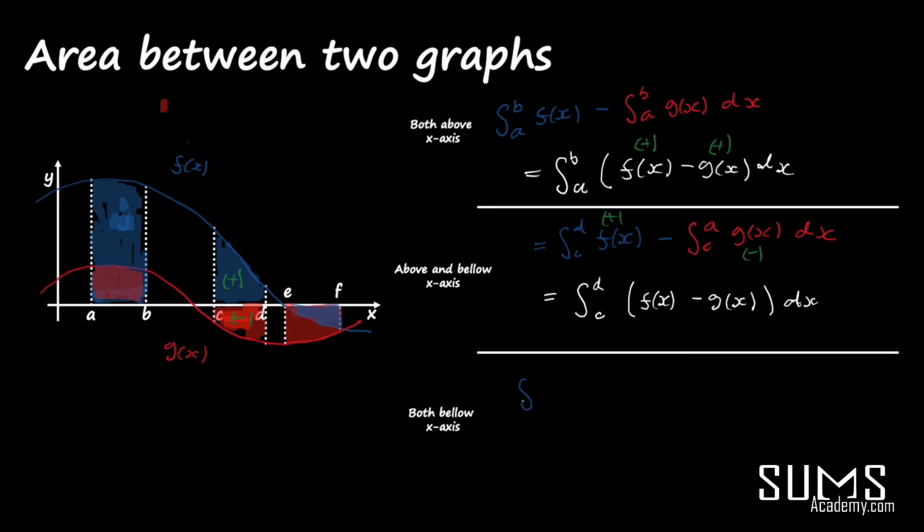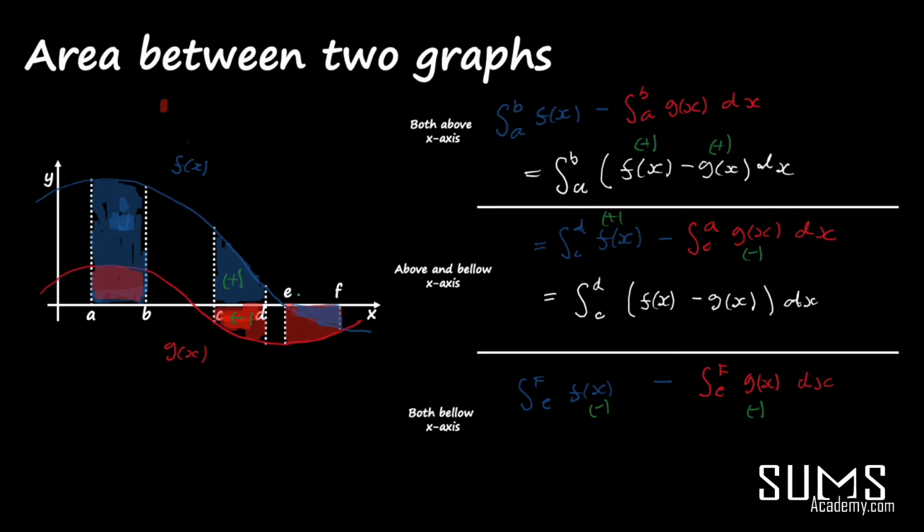So you have the integral between e and f of f of x minus the integral e to f of g of x dx. What's going to happen here is this is going to be negative and this is going to be negative. So this becomes a net positive and this remains negative.